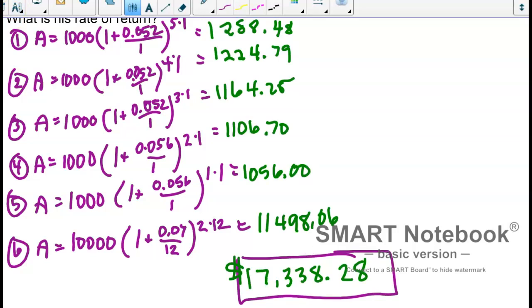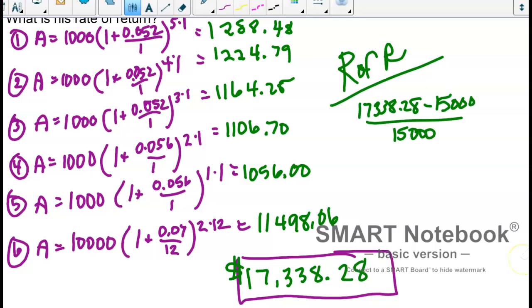Xavier's portfolio is worth $17,338.28. Now, the second question was, what is his rate of return? Now remember that rate of return is the interest you've incurred divided by the amount you've invested. If you remember, Xavier invested $1,000 5 times, as well as $10,000.